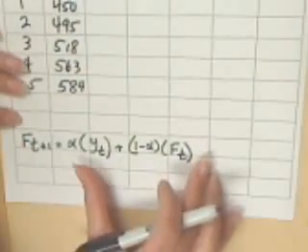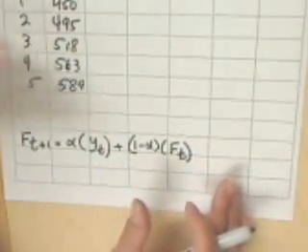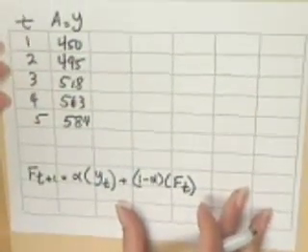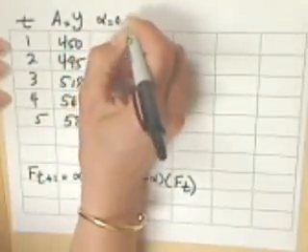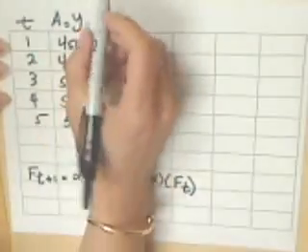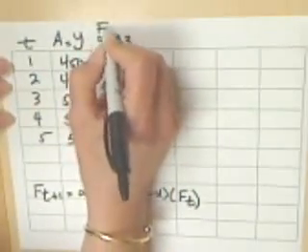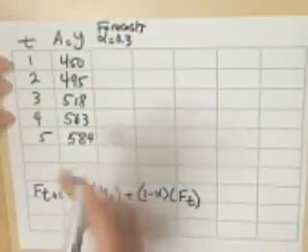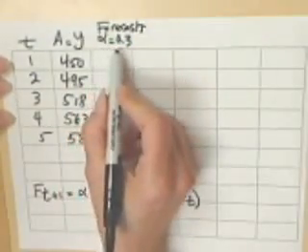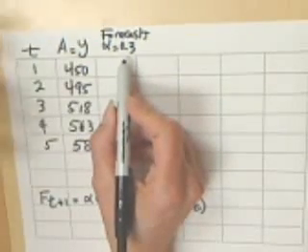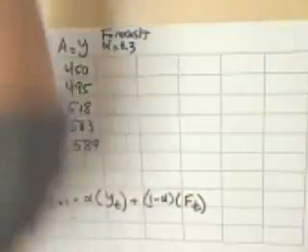And for this model, you should always have an initial forecast to start off our series. Let's use alpha equal to 0.3 for this analysis. These are forecasts that we are generating in this column. Alpha is really a weight that we assign to our calculation.